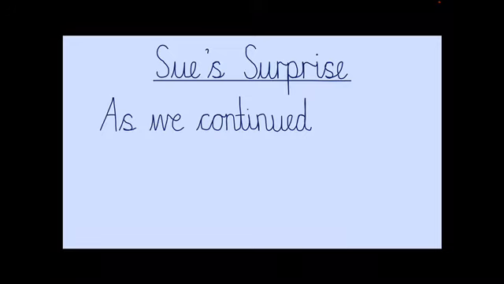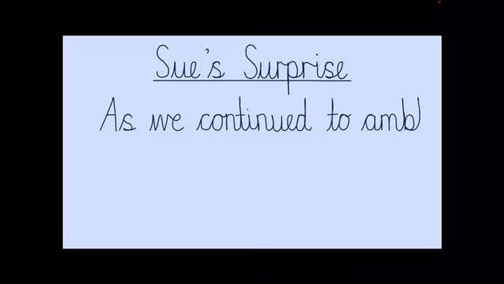To amble. And an amble is a nice leisurely stroll. To am, just like the word am, and then ble. And what do we add if we have an L blend at the end of a word? Yes, we add an E.